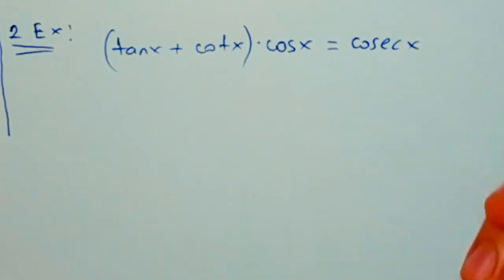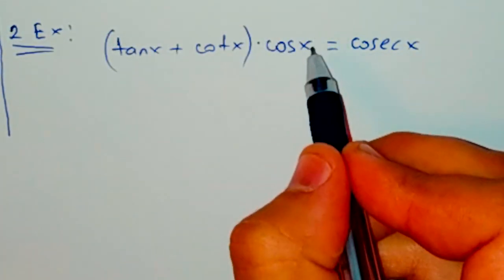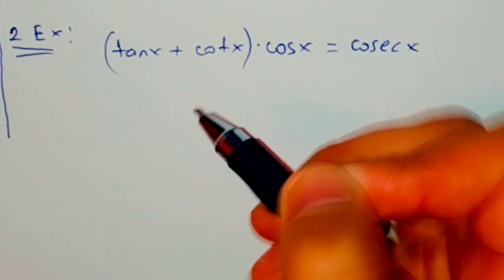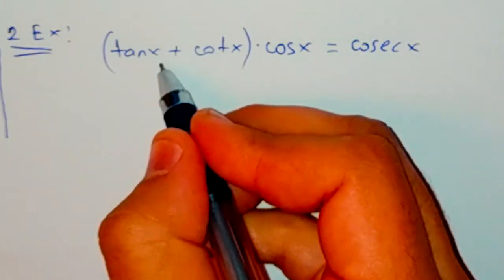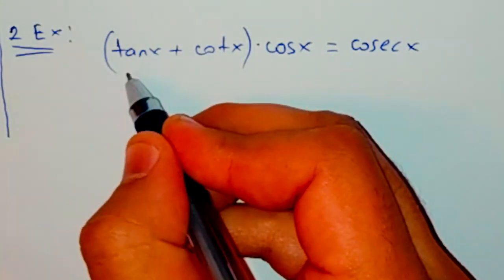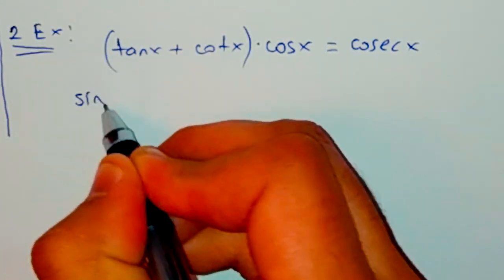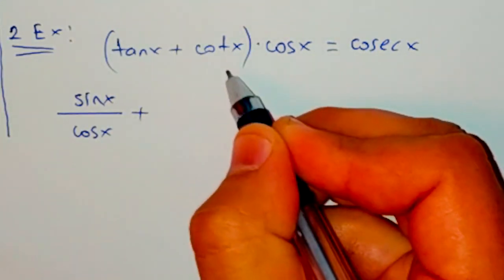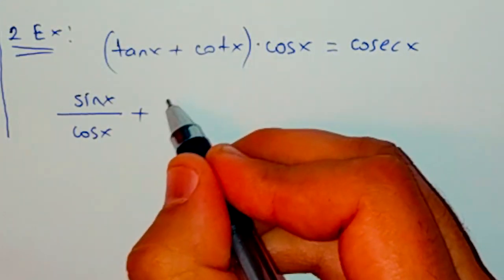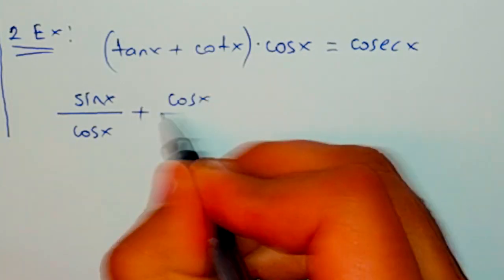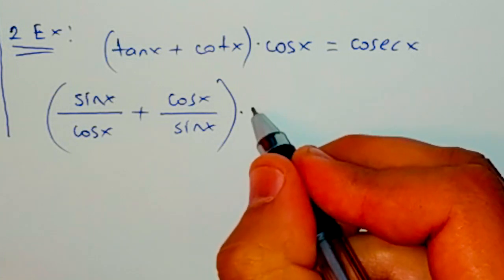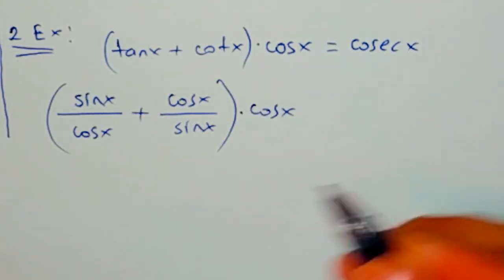We need to show that this expression is equal to cosecant x. Firstly, tangent x we can change to sine x over cosine x plus, instead of cotangent x, we can write cosine x over sine x. And this is multiplied by cosine x.